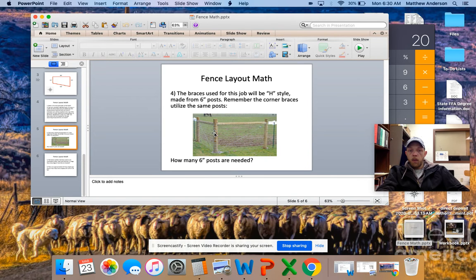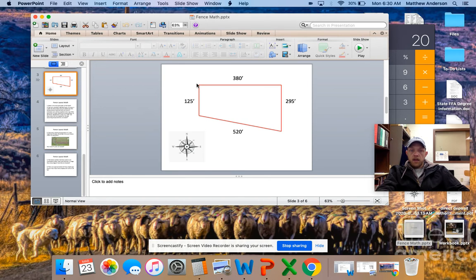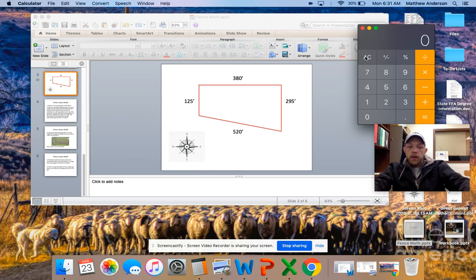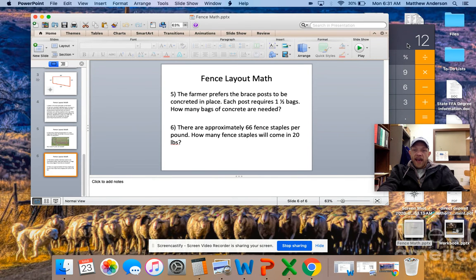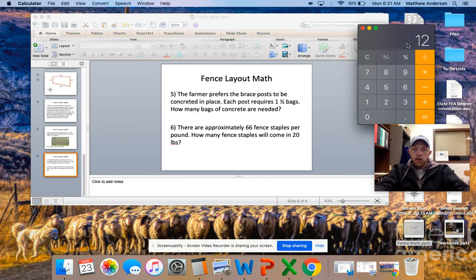So we are digging 3 post holes for each brace. So 3, 6, 9, 12, or 3 posts times 4 corners, 12. Now, if we go back to the problem, it says we need a bag and a half per post hole. So 12 times 1.5 is 18 bags of concrete.